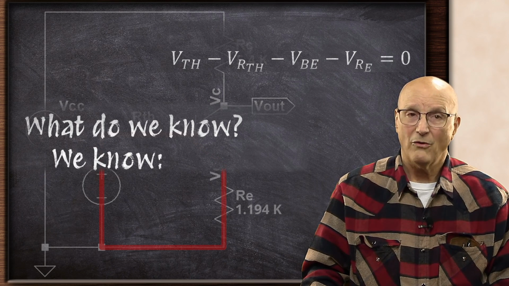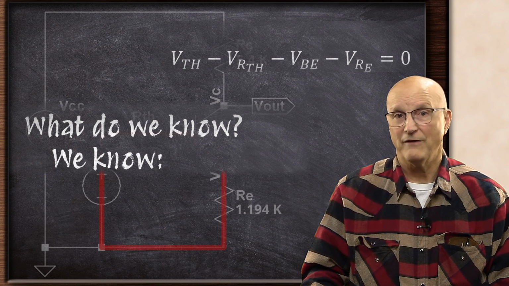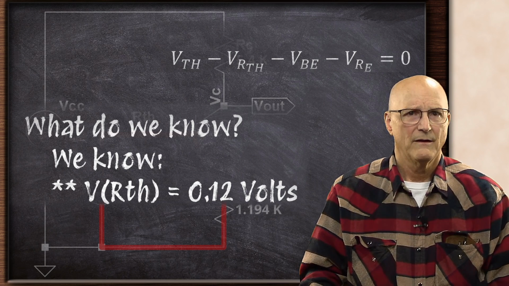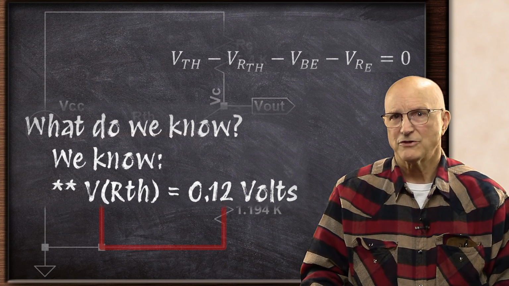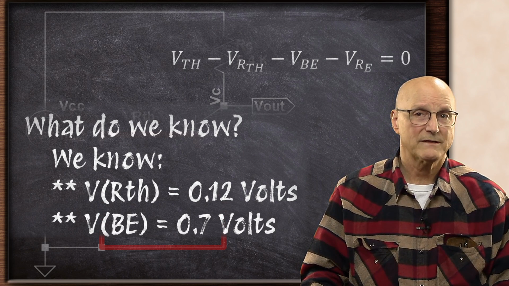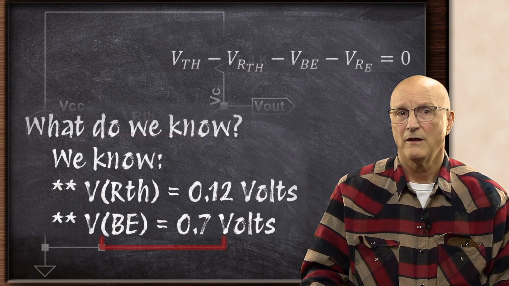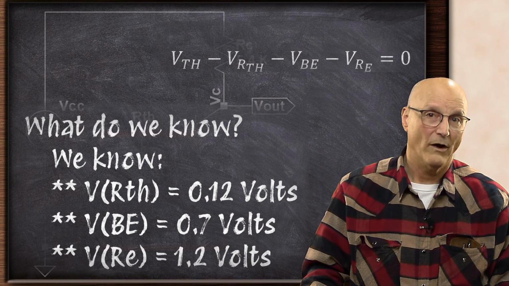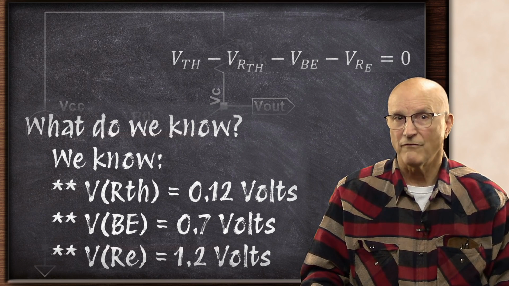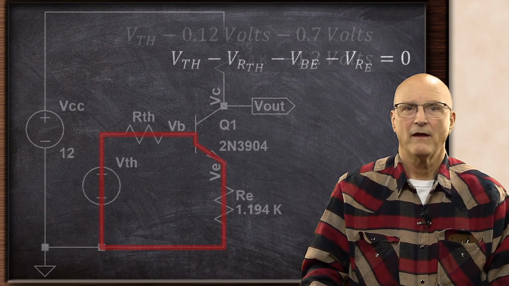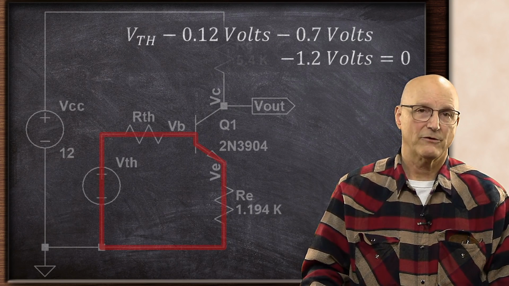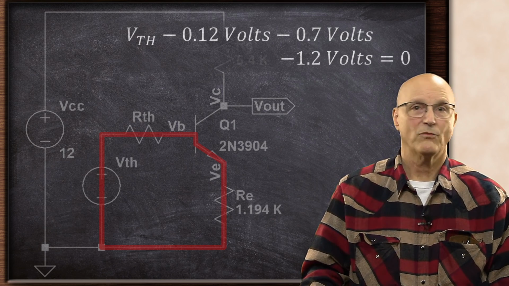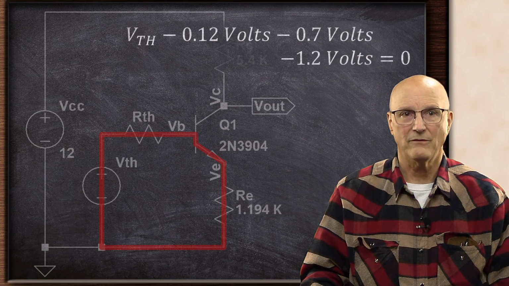Going back to our KVL equation, what do we know? Well, we know the voltage across our Thevenin resistance is 0.12 volts from our last calculation. The voltage across the base emitter junction, VBE, is 0.7 volts according to our model. The voltage across the emitter resistor, VRE, is 1.2 volts by our first rule of thumb, and this gives us V Thevenin minus 0.12 volts minus 0.7 volts minus 1.2 volts is equal to 0.